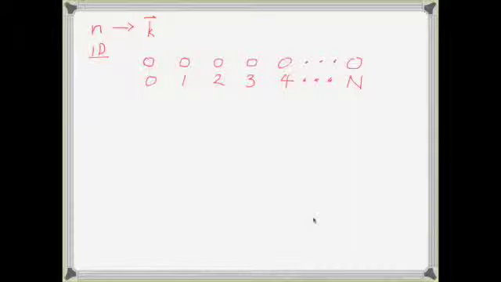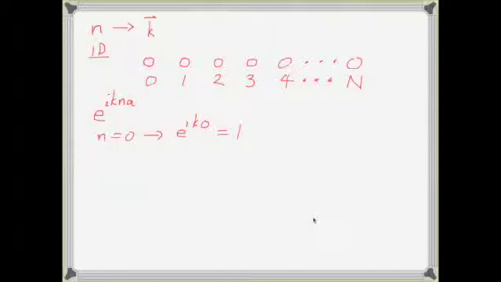And the phase factor is e to the i k n a, where that little n is the index from 0 to n. That's your phase factor. And so for periodic boundary conditions, I need the phase of the first atom to be the same as the phase of the last atom. That's what we mean by periodic boundary conditions. So for n equals 0, the phase is e to the i k times 0, which is 1.